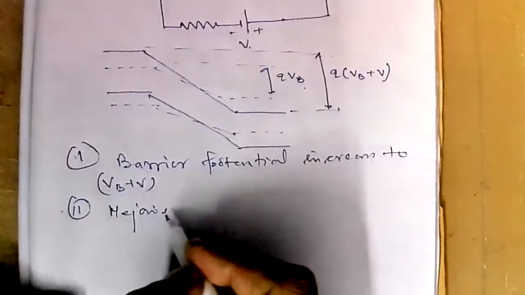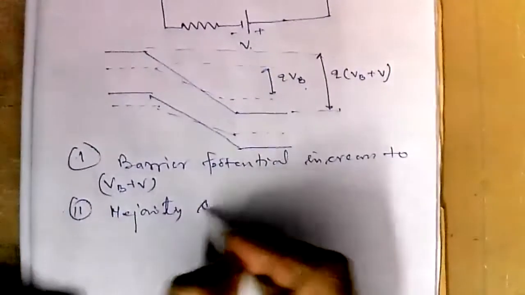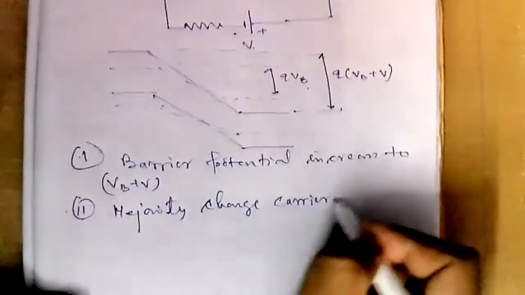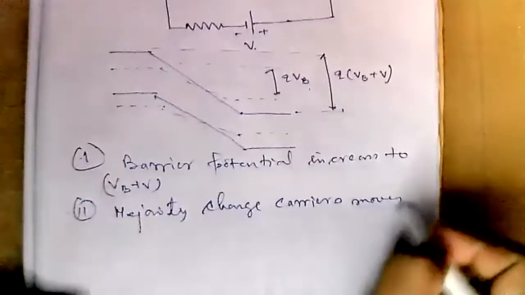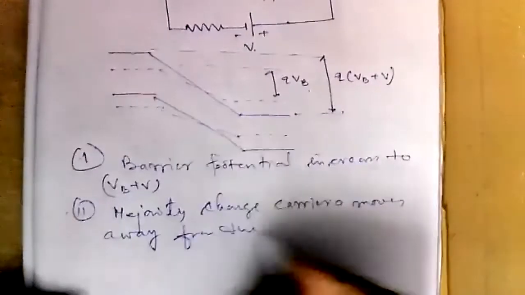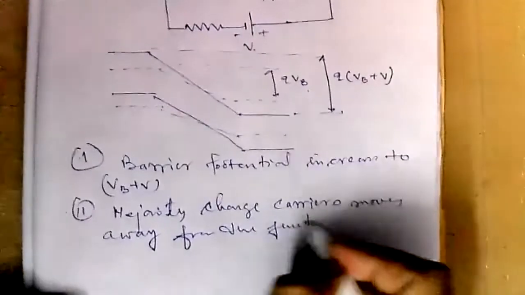Majority charge carriers move away from the junction.